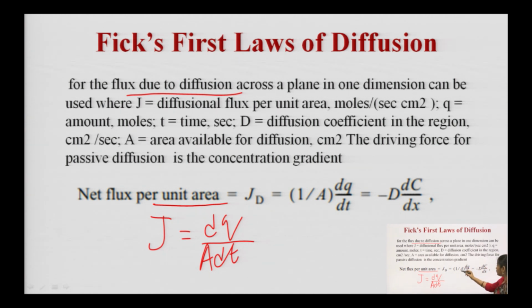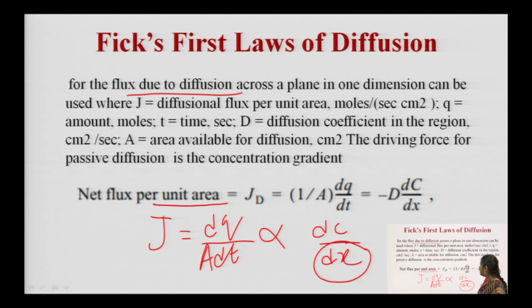And so, according to Fick's law we can say that J is directly proportional to dC by dx. What is dC by dx? That is how much concentration of a drug is released with change in position. Okay.